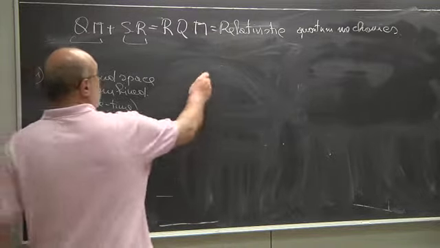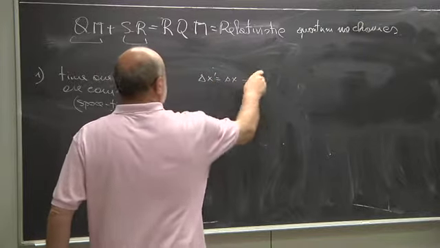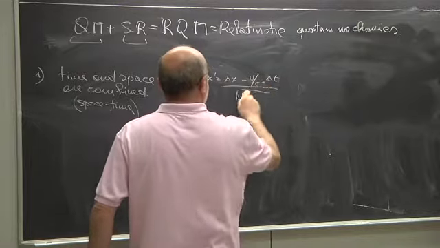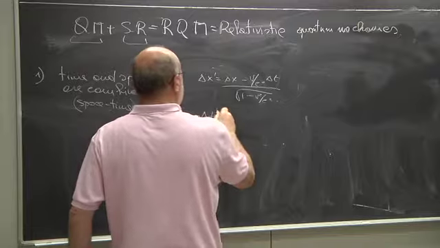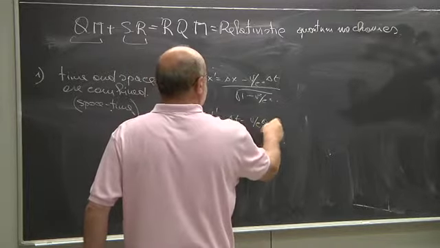You remember delta x prime is delta x minus v delta t, times 1 over the square root of 1 minus v squared over c squared, and delta t prime is delta t minus v over c squared delta x.